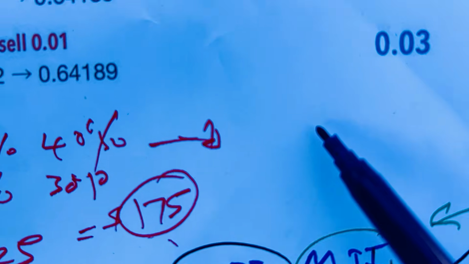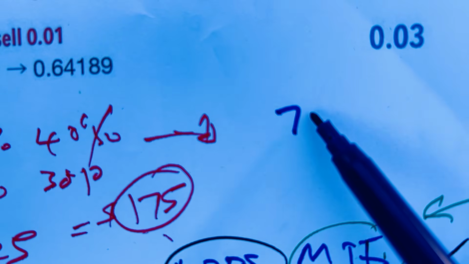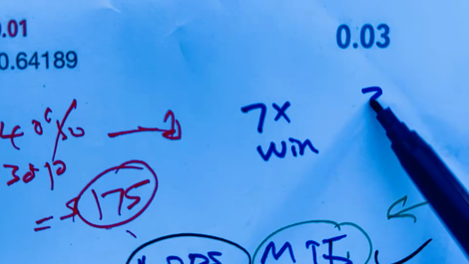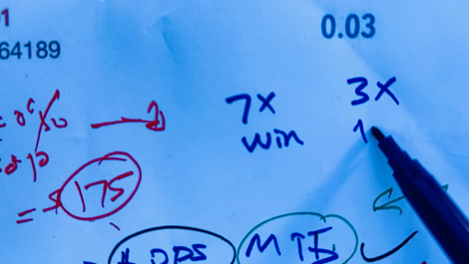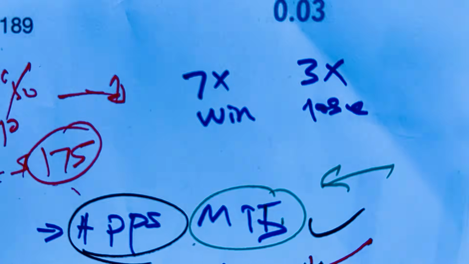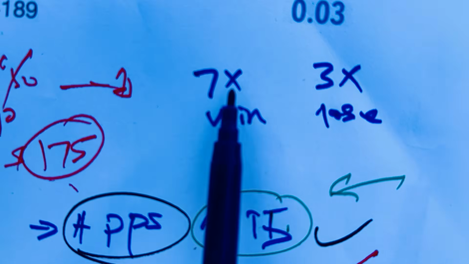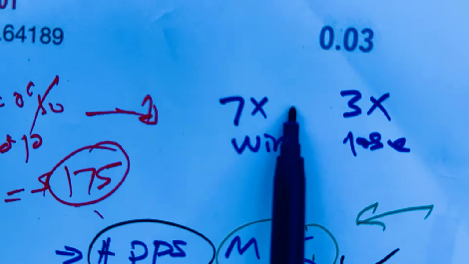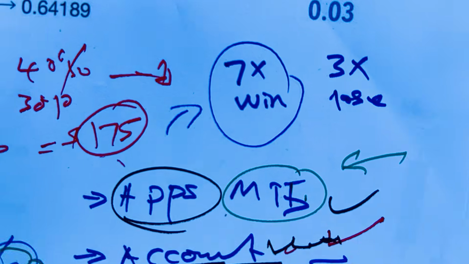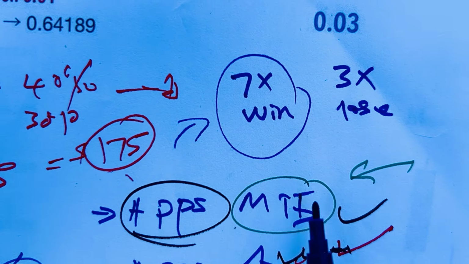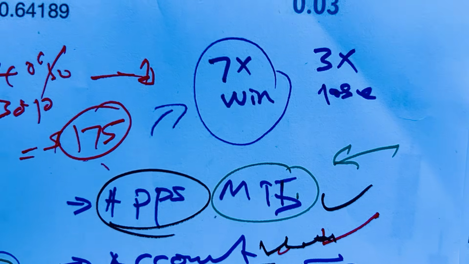We're saying that you will win 7 times, and you will lose only 3 times. That means that you will be in profit, because 70% of the time you'll be winning. Only 30% of the time you'll be losing.